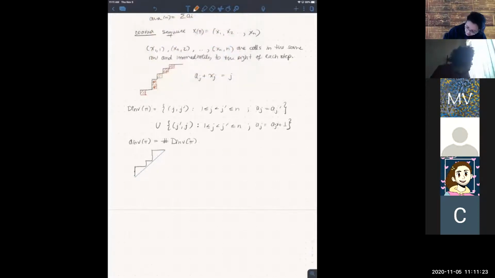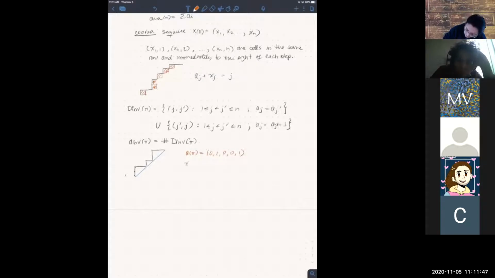Then here, the area of pi is going to be what? It's going to be the sequence 0, right? Because we have 0 area in row 1. Then we have 1 box in row 2, so it's going to be 1, 0, 0, 1.